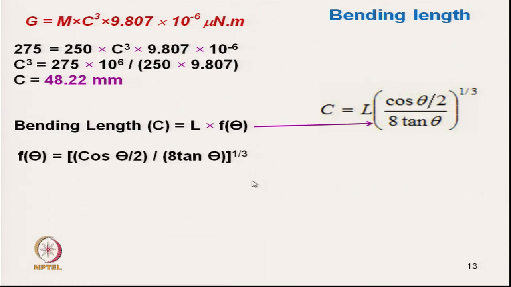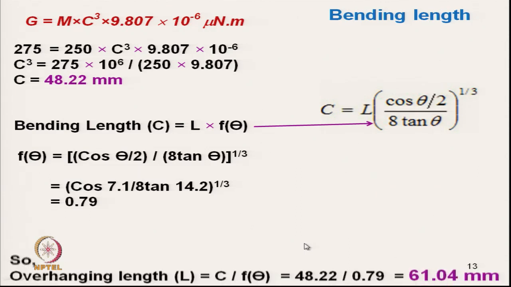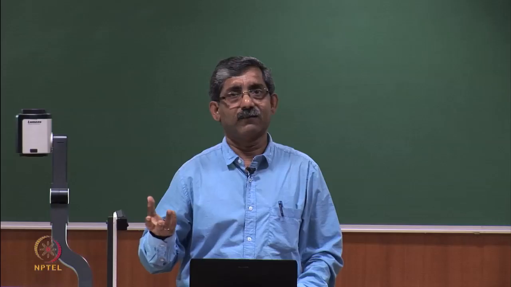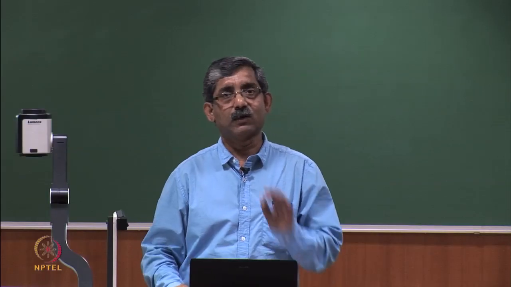Here the angle is 14.2 degree, and using theta equal to 14.2 degree we get the function of theta as 0.79. Using this value we get the overhanging length as 61.04 millimeter. So, we can calculate anything if we know the basic equations.